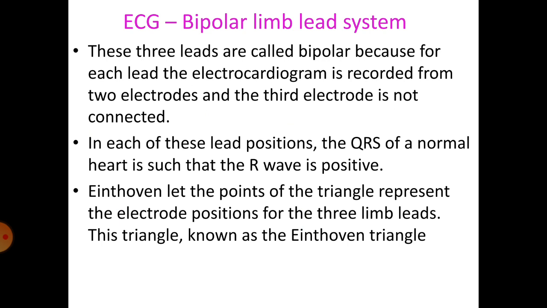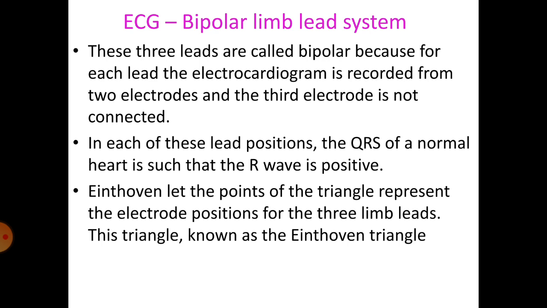These 3 leads are called bipolar because for each lead the electrocardiogram is recorded from 2 electrodes and the 3rd electrode is not connected. In each of these lead positions, the QRS of a normal heart is such that the R wave is positive. Einthoven let the points of a triangle represent the electrode positions for the 3 limb leads.